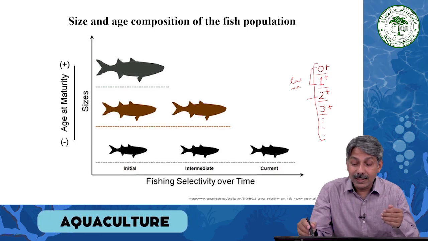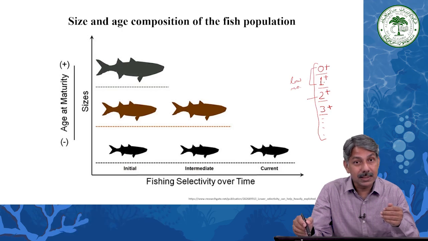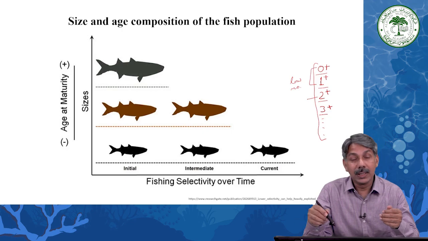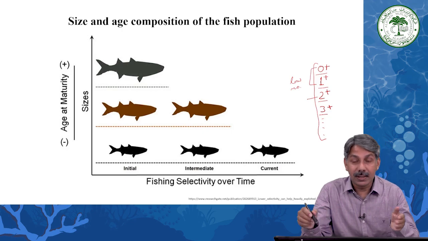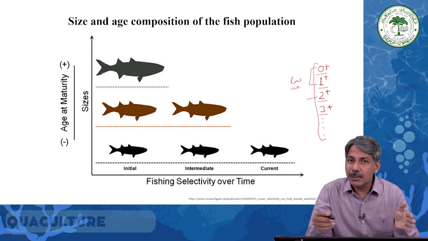If you have caught more numbers of 0+ and 1+ year age group fishes this year, then next year there may be fewer brooders which can contribute to young ones in that particular environment. So you will have to restrict the fishing of that particular age group. You will have to make provisions.